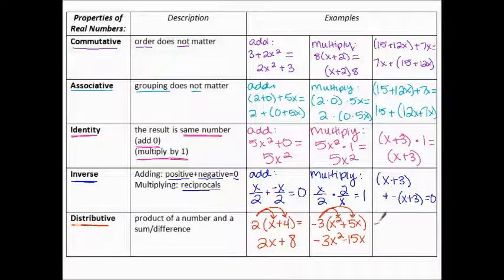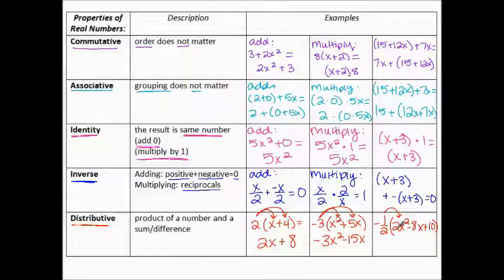And lastly, I would even distribute fractions into my parentheses. If I had the example, negative 1/2 times the quantity of 2x squared minus 8x plus 10. This looks a little more complicated than our earlier examples, but you're going to use the same idea.